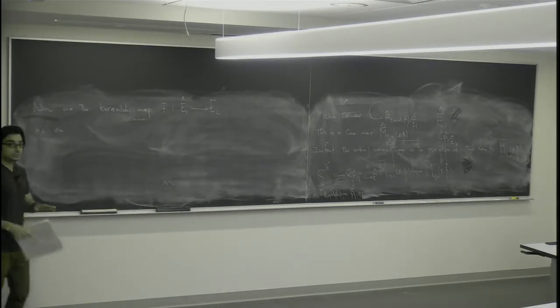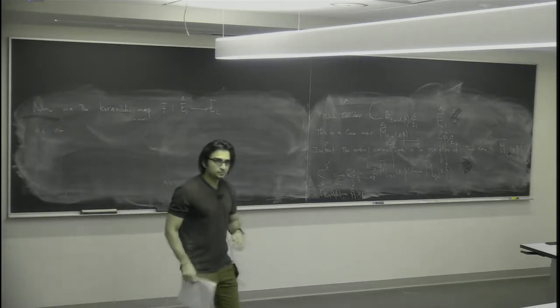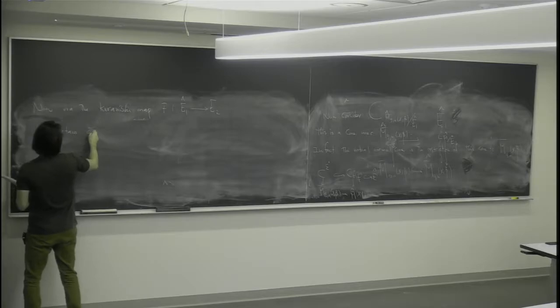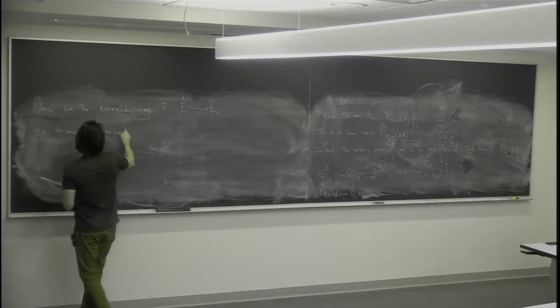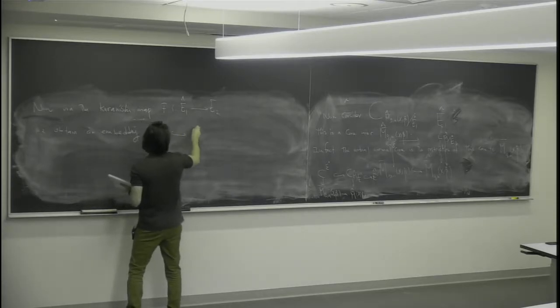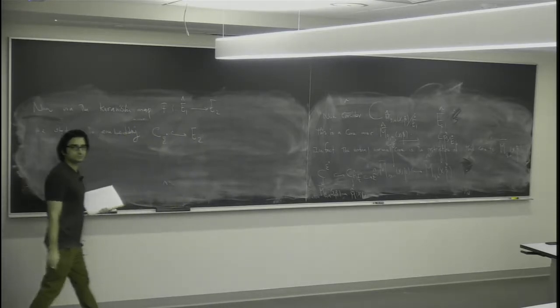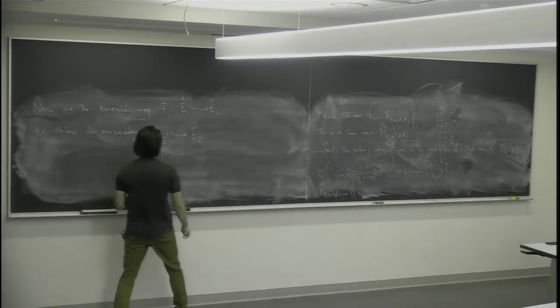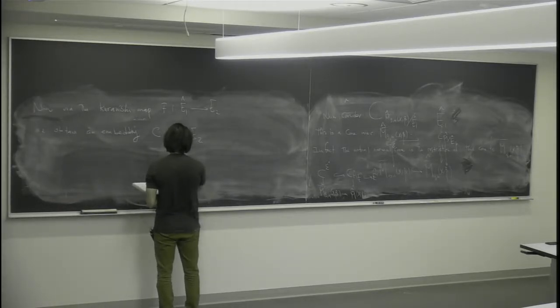So then the class of this, of course, the class defined by this. So maybe I should say this guy has dimension equal to rank of E1.